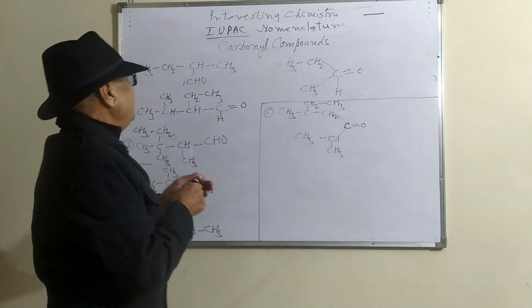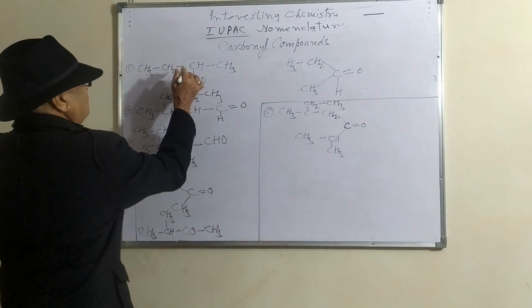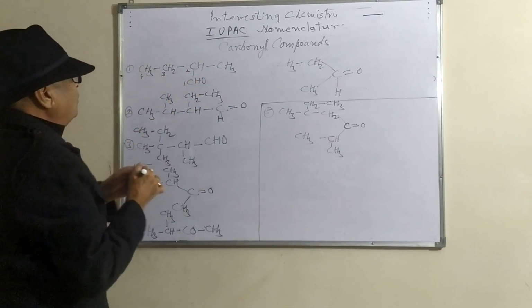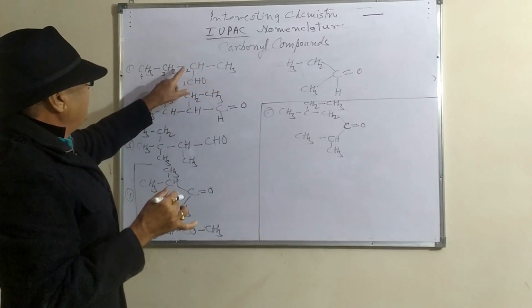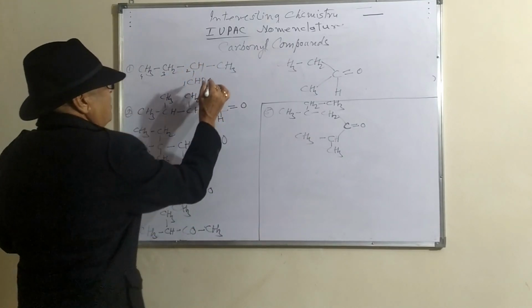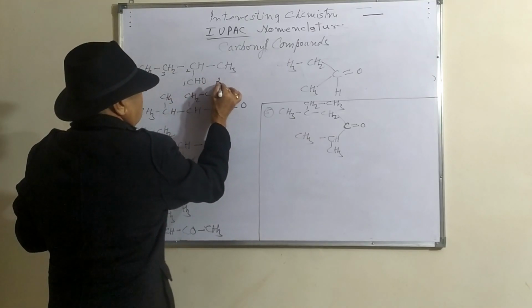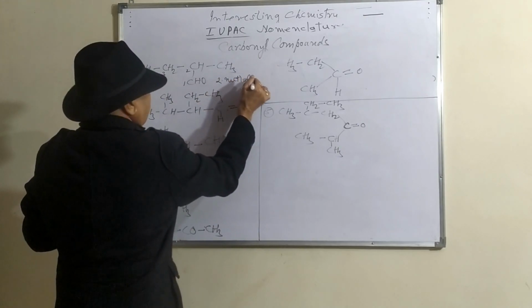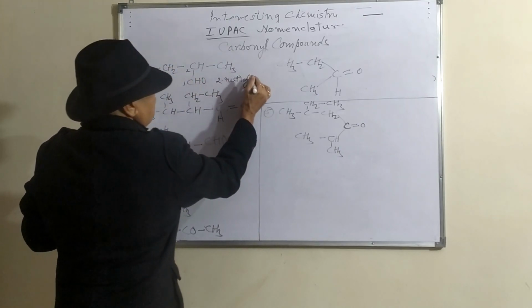On number 2 carbon, the substituent is methyl. So the name of this compound will be 2-methylbutanal.